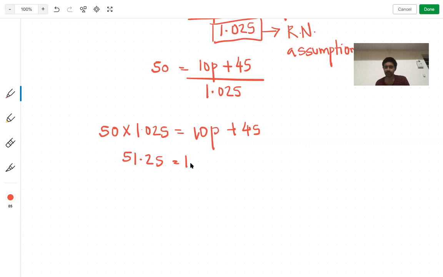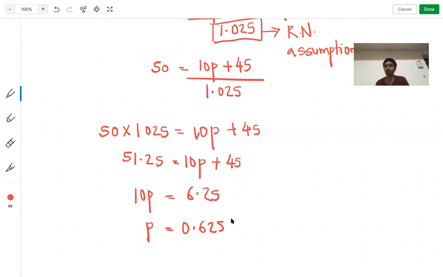That equals 10p plus 45, which is nothing but 10p is equal to 6.25, which means p is equal to 0.625. What does this mean?